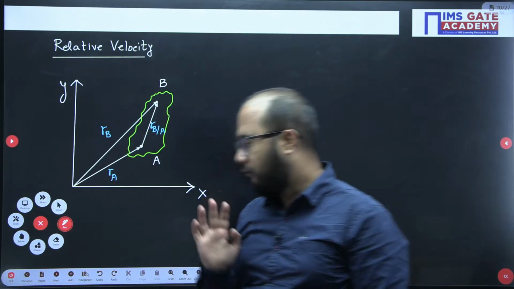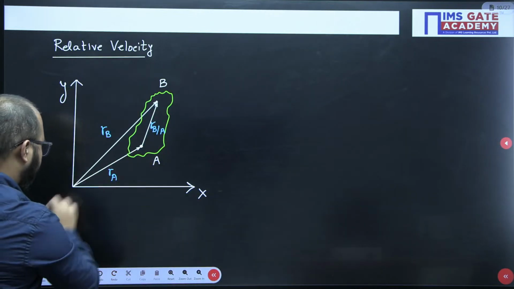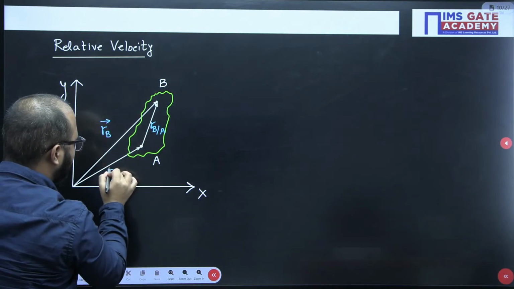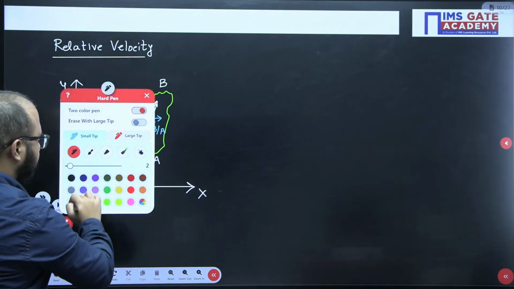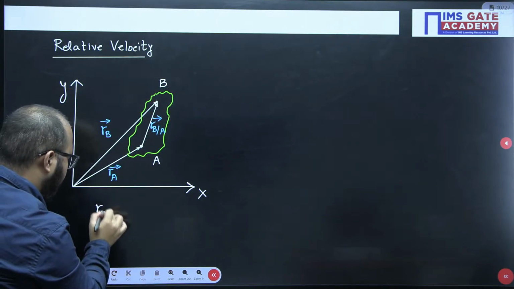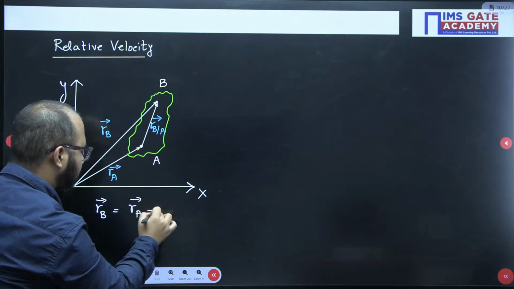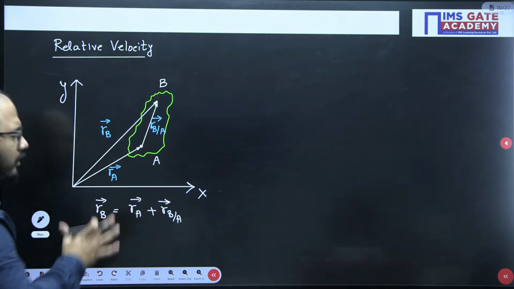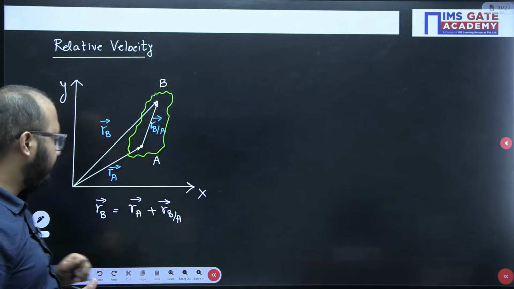Like this. Now from basic vector knowledge you can understand that these are position vectors, right? So we should mention this arrow because all are vectors here. Now see, everyone, the position vector of B can also be written as the position vector of A plus the position vector of B with respect to A. This is a very, very important relation, and the whole analysis will be based on this one.